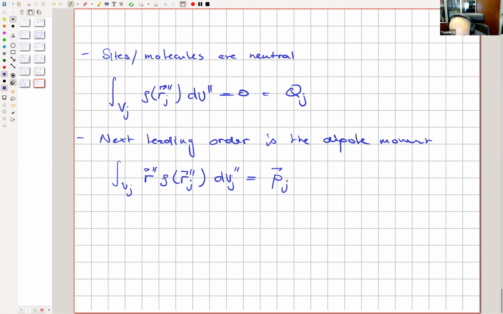And so in this case, what I can write now is that the potential V as a function of R is just Ke, the sum over all the different molecules, R minus Rj divided by R minus Rj cubed, dotted with my pj.